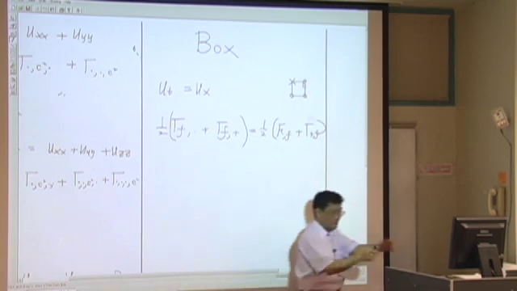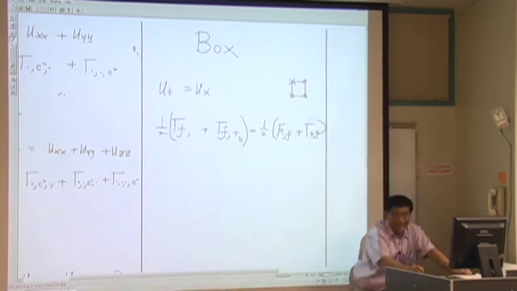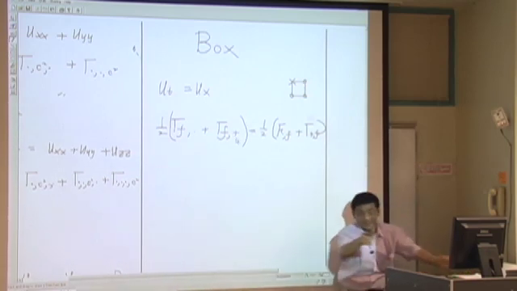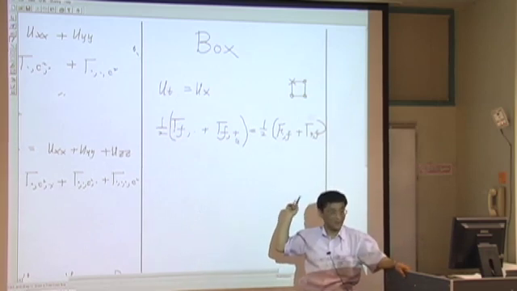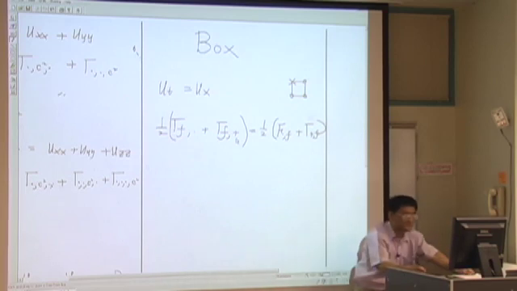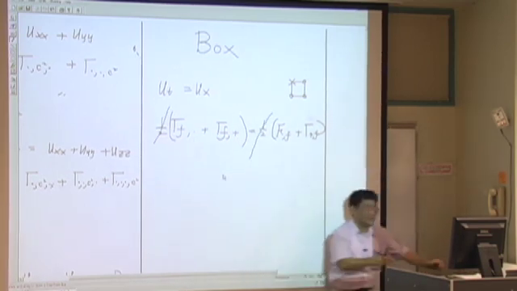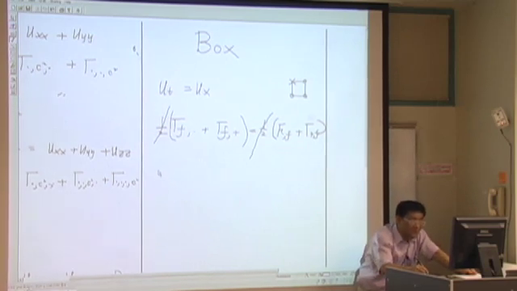So take a look. I will write it, then you will see. If I write box method using formula, you will really feel the advantage of using operator. I will write the formula. I will cancel out one half, right? One half is canceled out. Then, u_j^{n+1} minus u_j^n over delta t.